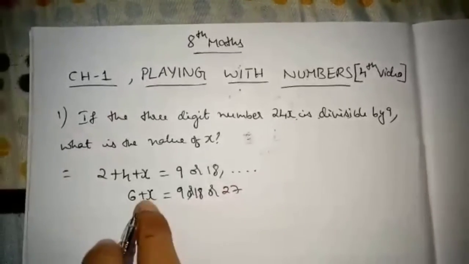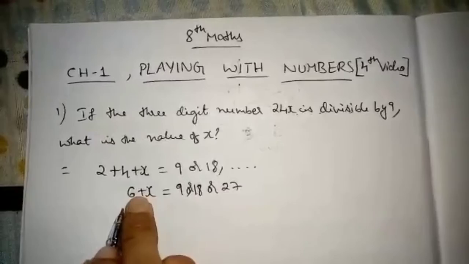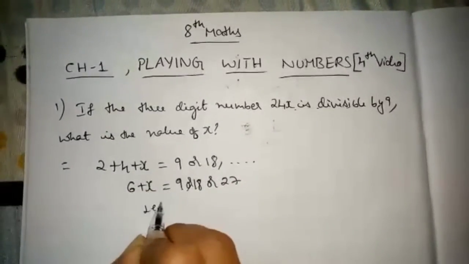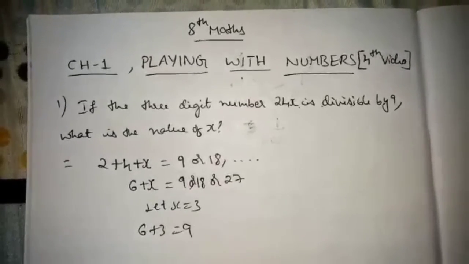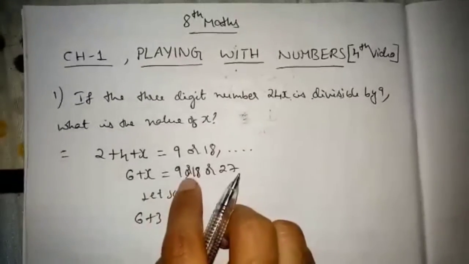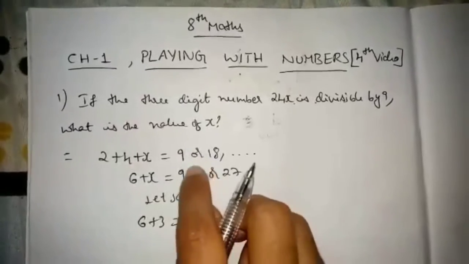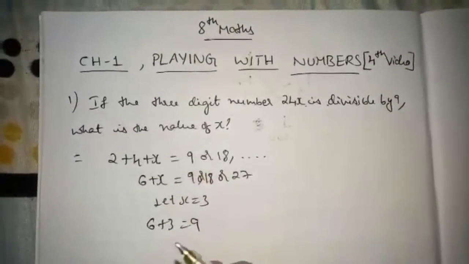So what should be the value you have to take for x? If we take x as 3, let x equal 3, then 6 plus 3 is equal to 9, right? Then it is divisible by 9. We can also see if we get 18 as the answer, it is also divisible by 9.